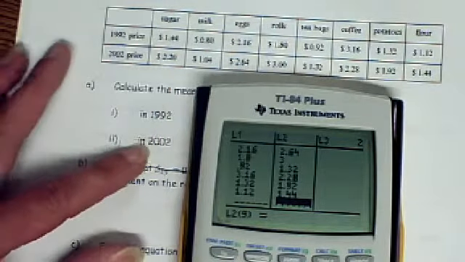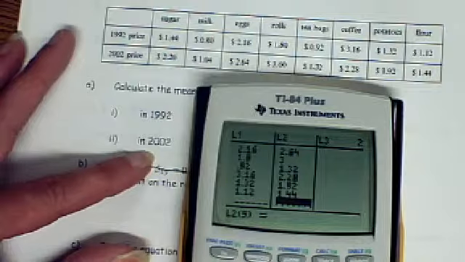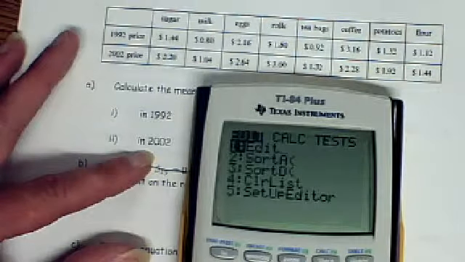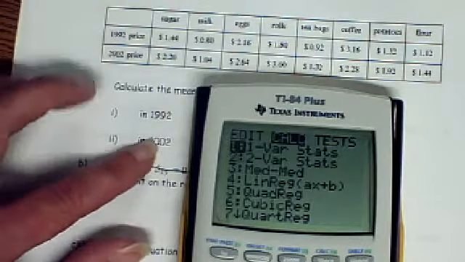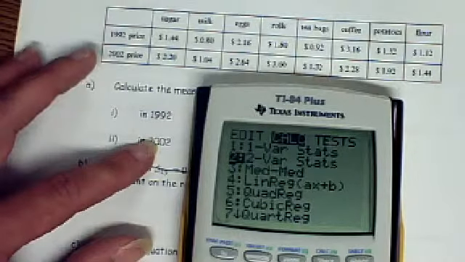Now remember, to find the mean and standard deviation, we're going to go to Stat, and that's under the 2 variable statistics.